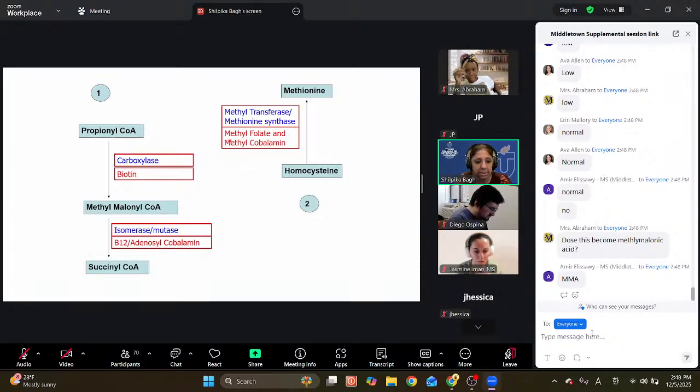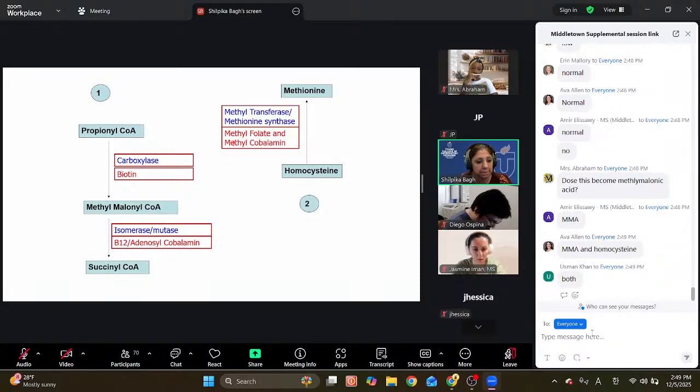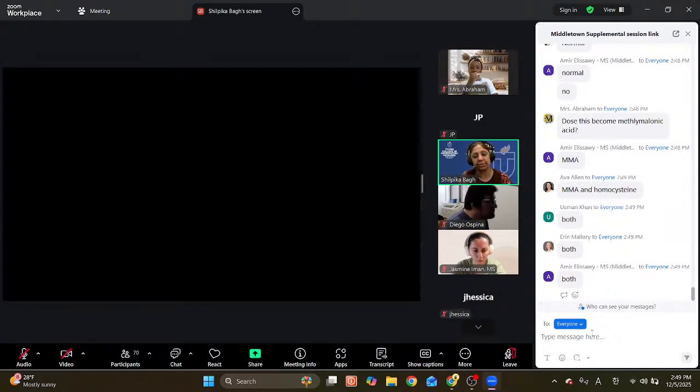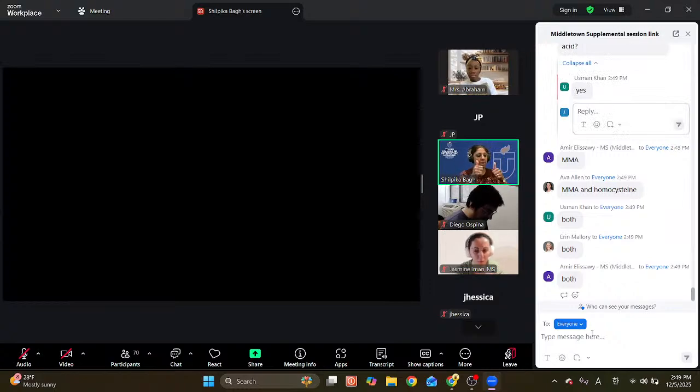Adenosylcobalamin defect and methylcobalamin defect. Both are defective. So in MMA2, what will accumulate? Homocysteine, methylmalonic acid, or both? In MMA2, both. So do you understand? That is how you have to draw the different steps and understand that. Good luck.